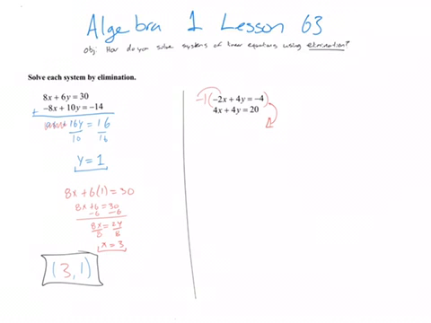So -1 times a -2x is going to give me a positive 2x. -1 times a positive 4y is going to give me -4y. Equals -1 times that -4 over there is just going to give me a positive 4. So now that I've done that, notice this is a positive 4, this is a -4.